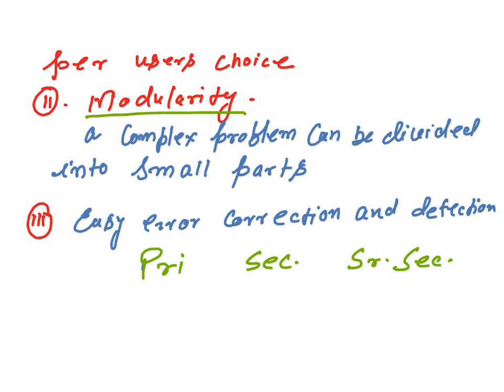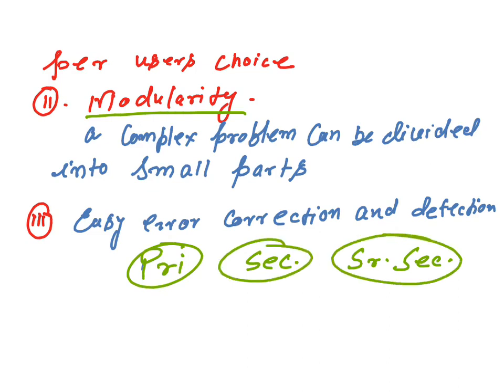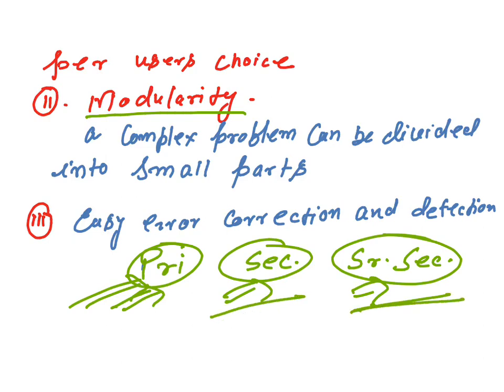As we have already discussed, if we are designing a mark sheet in 3 different categories for primary, secondary, and senior secondary, and some problem is there in the primary section, you can go directly to the primary module and check the problem. If any problem is there, you can just edit it, and there is no need to go through the secondary and senior secondary modules.